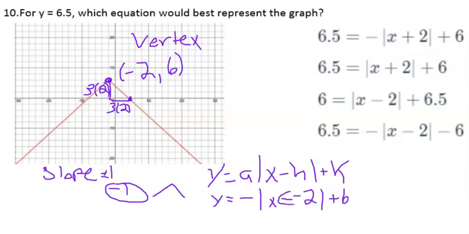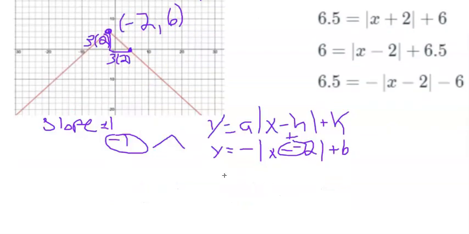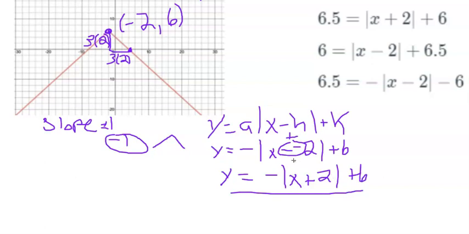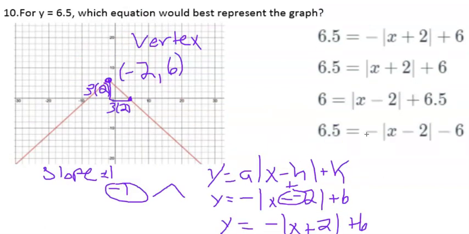A negative times a negative is a positive. So we have y equals negative 1 times the absolute value of x plus 2 plus 6. And that's our equation for this function. Now from here we can eliminate some choices from this.